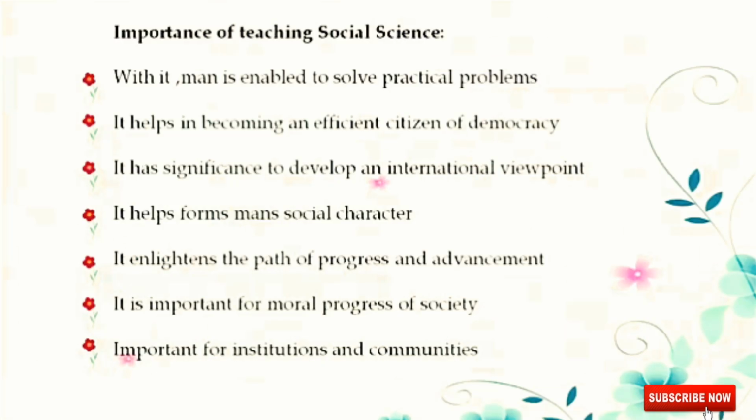It helps in becoming an efficient citizen of democracy. It has significance to develop an international viewpoint. It helps form man's social character. It enlightens the path of progress and advancement, and it is important for moral progress of society. Lastly, it is important for institutions and communities.